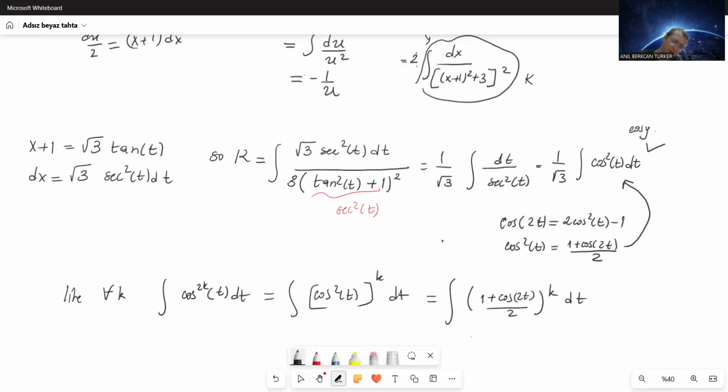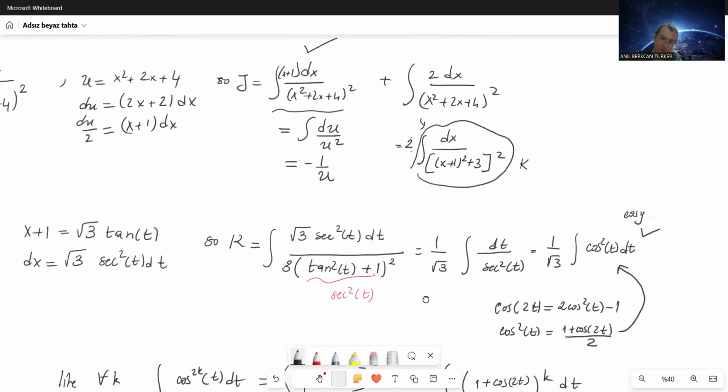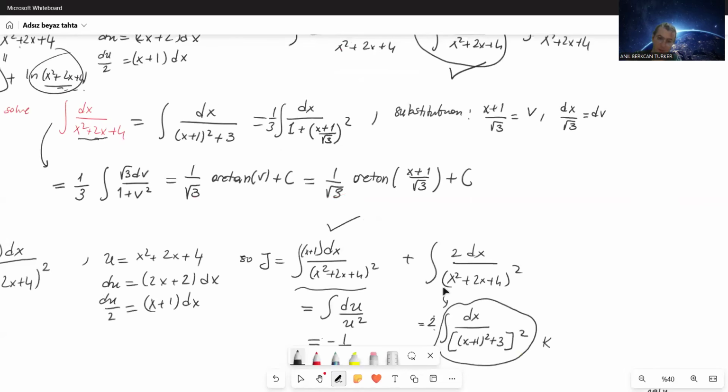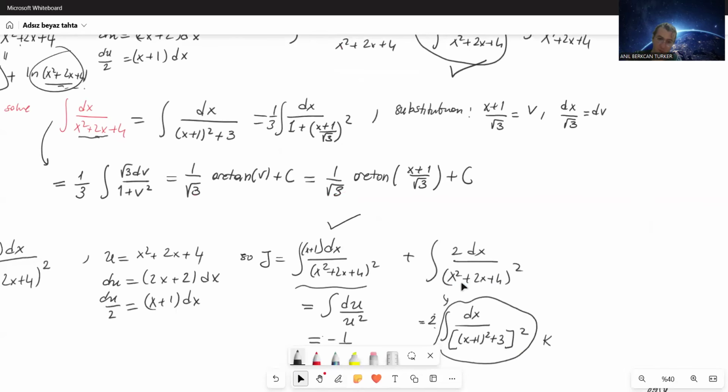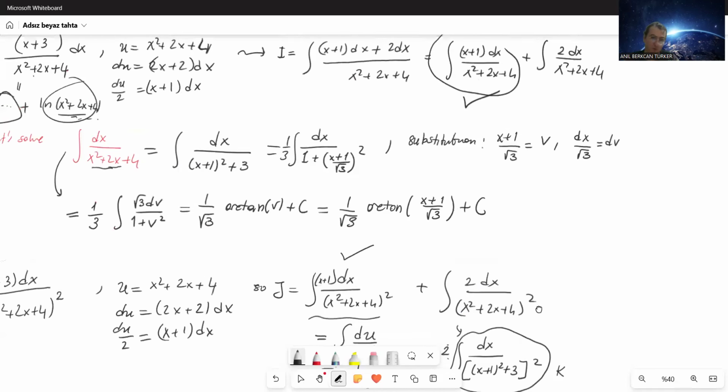So in each case, this integral is solvable. Let us recall what this integral was. It is coming from some constant over x squared plus some irreducible thing, and the powers. As you can see, they are all solvable.